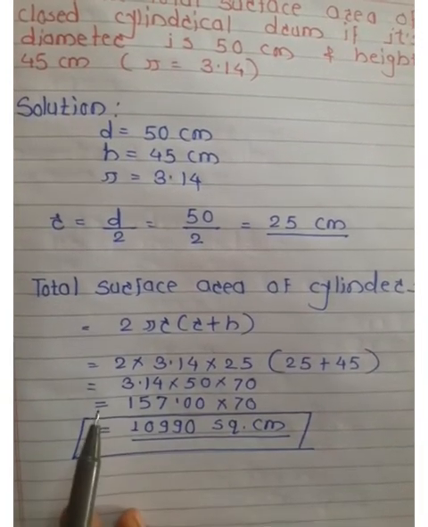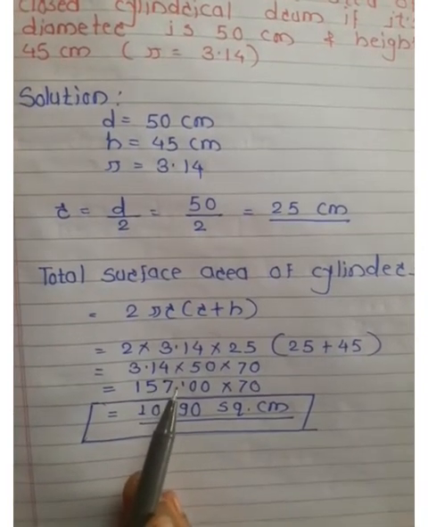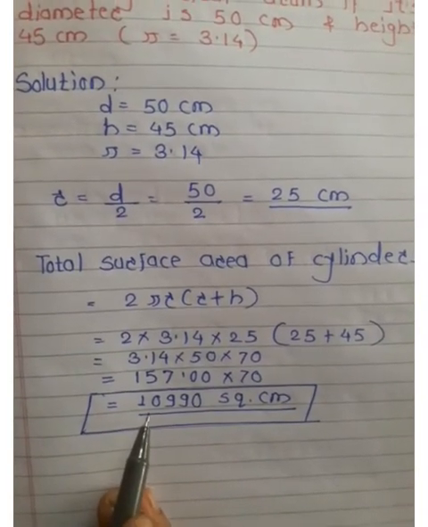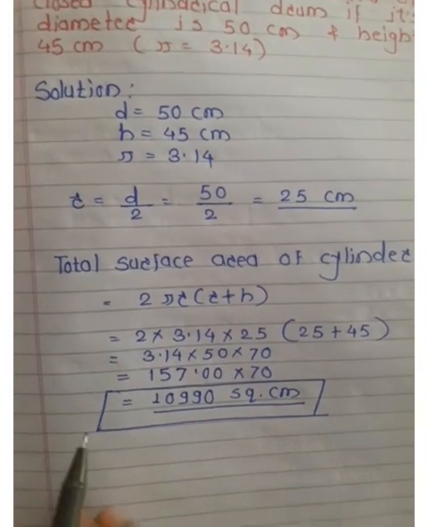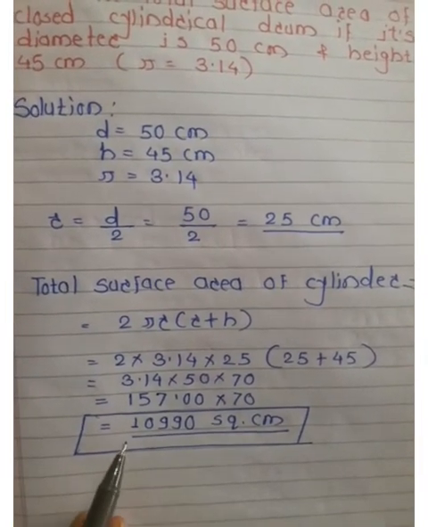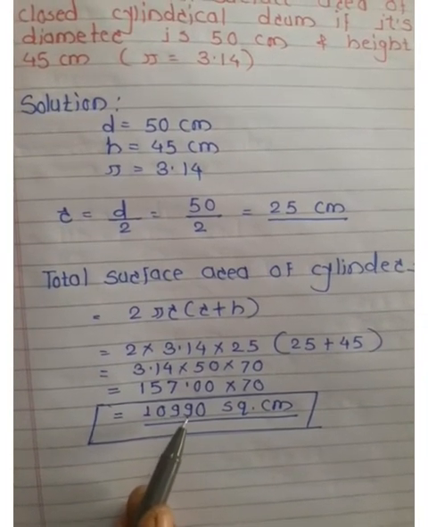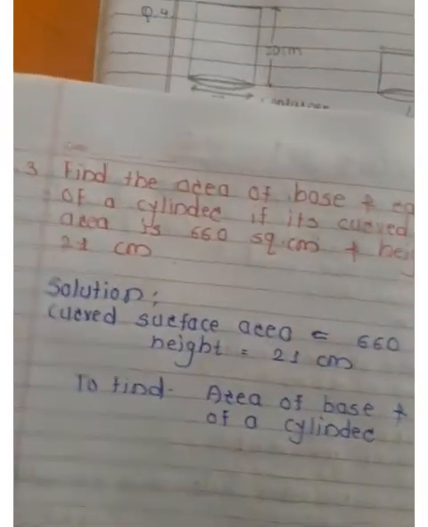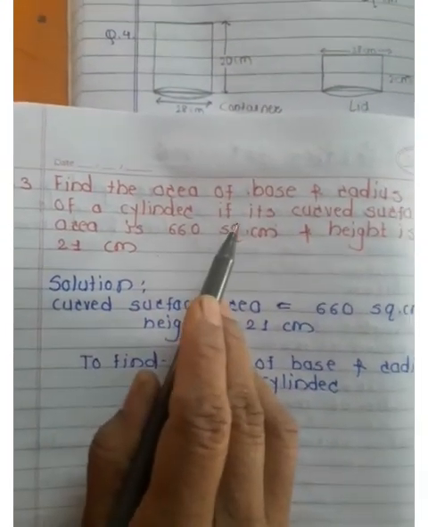When we multiply all this, we get 157.00 into 70, and finally we got the answer 10990 square centimeter. Finally you have to write down that the total surface area of the cylinder is equal to 10990 square centimeter.